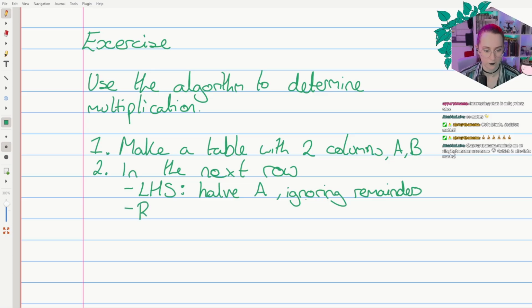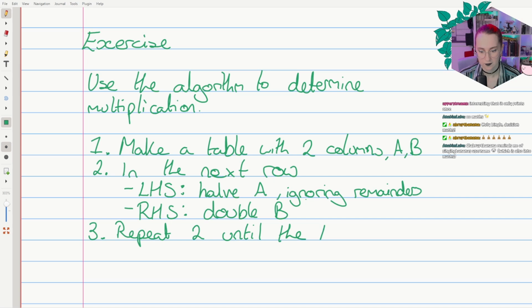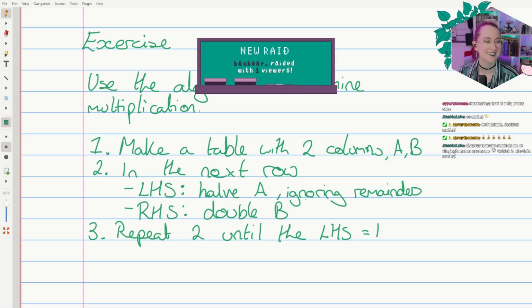And in the right-hand column, double B. Step 3 then is repeat 2 until the left-hand side is equal to 1.